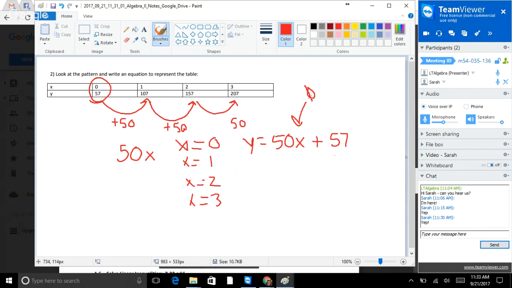So when x equals 1, we have 57 plus 50 more, and we get our 107. And when x equals 2, we get 57 plus 100, which is 157. When x equals 3, we get 57 plus 150, which is 207. So if we wanted to write an equation to represent that, we could write it like this.